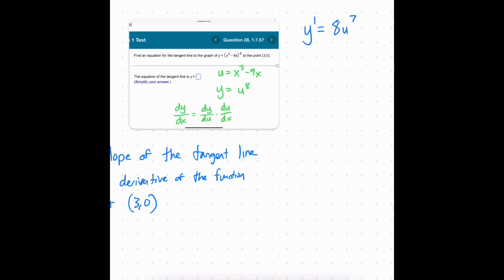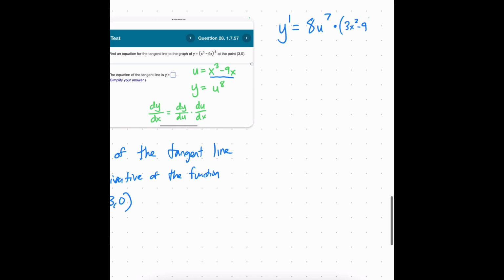And then the derivative of u in terms of x, that's the derivative of this function, I get 3x squared minus 9. Everybody okay with both of those derivatives? If you're still confused about these derivatives, please let me know, because that means we're still struggling with the power rule.